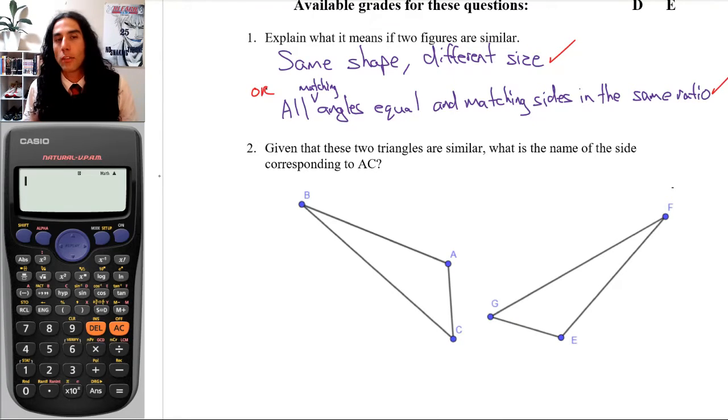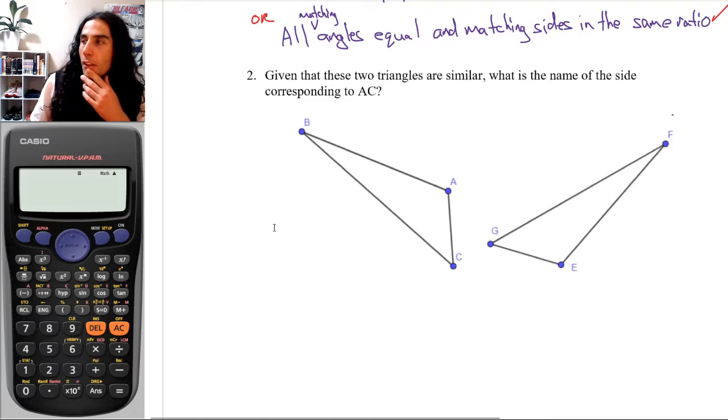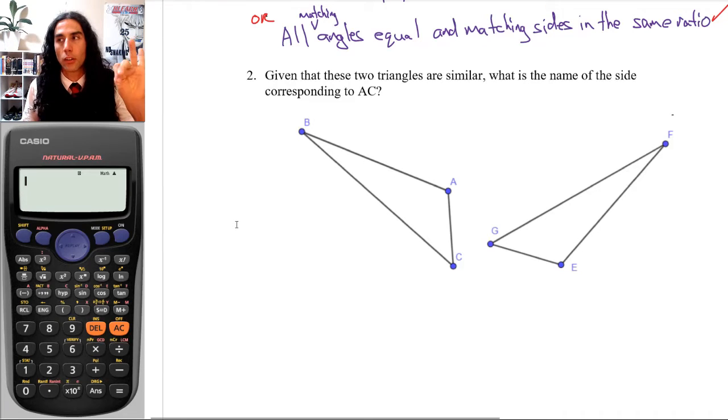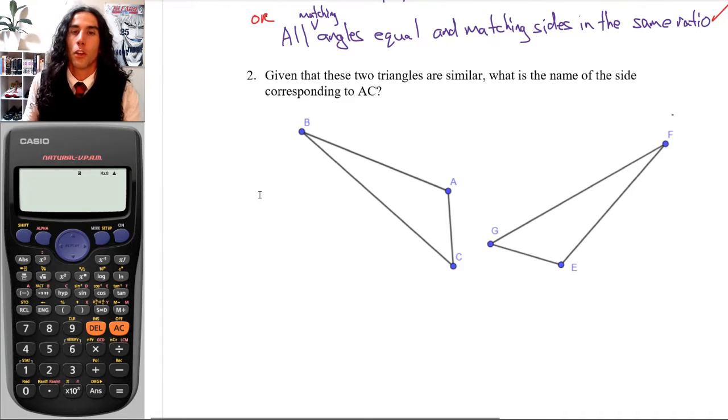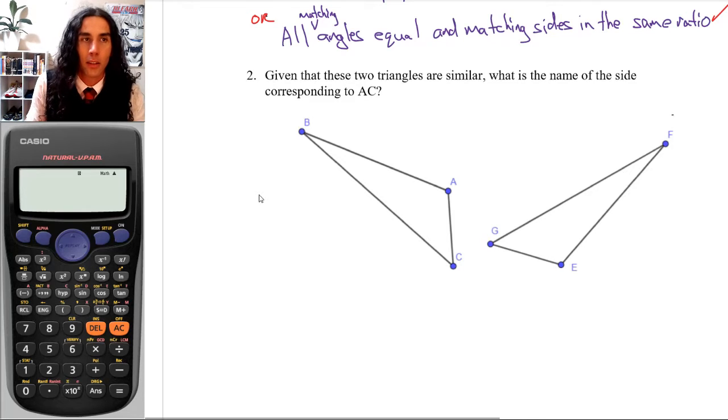Good. So have a go at question 2. And answers in 5, 4, 3, 2, 1. So, what's the name of the side corresponding to AC? AC is the shortest one, so it corresponds to that one. Now, is it GE or is it EG?